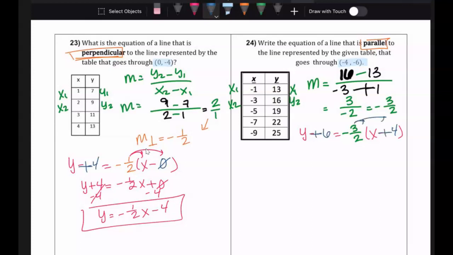I will distribute. Negative 3 halves times x is just negative 3 halves x. Negative 3 halves times 4, I would suggest using your calculator for this. So that will be negative 6. Bring down y equals 6. Last step, to get y by itself, subtract 6 from both sides. Y equals negative 3 halves x minus 12.